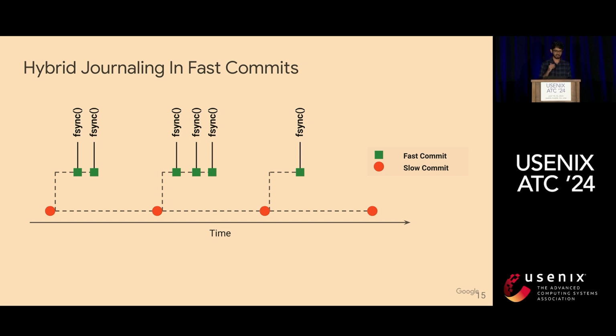As you can see, each slow commit commits the difference since the last slow commit, which means each slow commit invalidates all the previous fast commits. This greatly simplifies the recovery process because now recovery can skip all the fast commits, only recover slow commits, and then just apply the fast commits after the last slow commit.